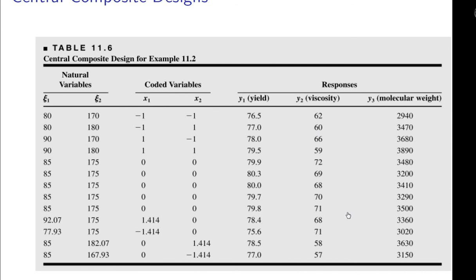Notice that the axial runs here at the bottom are at the coded values of square root of 2 or minus square root of 2, which then have to get translated back to the values of, in this case, 92.07, 175, or 77.93, 175.